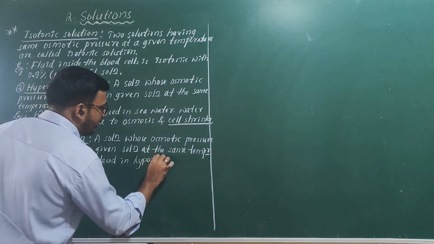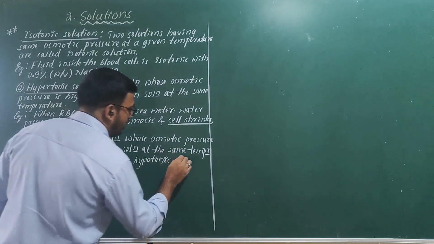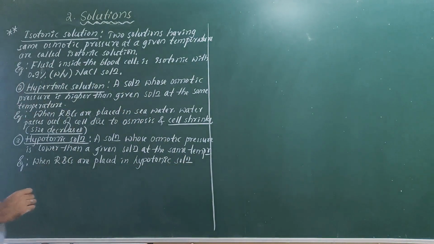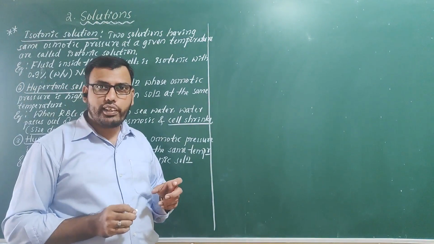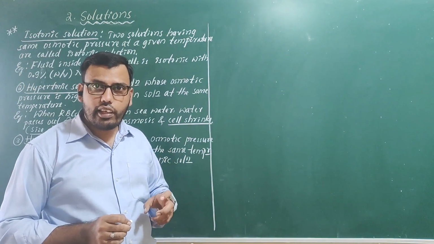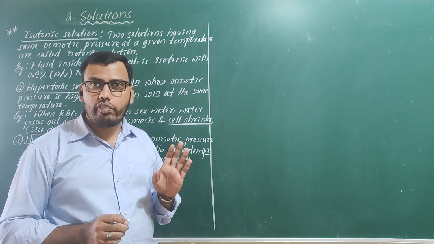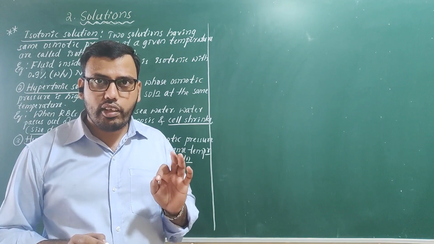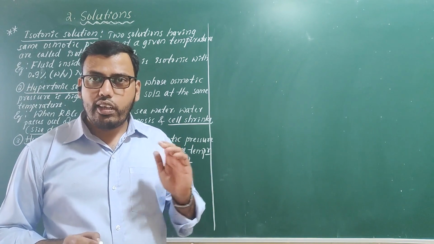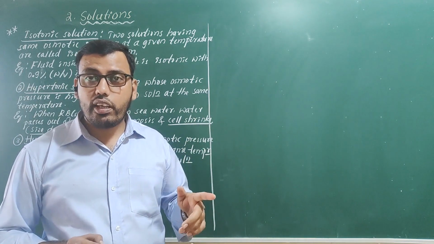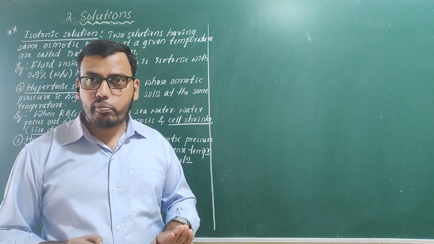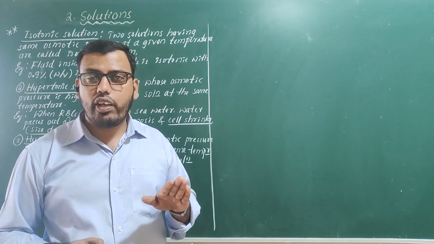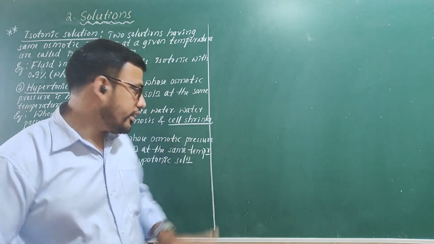For a hypotonic solution you can take normal water. Its osmotic pressure is less than 0.9% mass by volume of NaCl. Keep this 0.9% mass by volume as the standard. If it is equal, isotonic. If it is higher, hypertonic. If the osmotic pressure is lesser than 0.9% mass by volume, then it is a hypotonic solution.